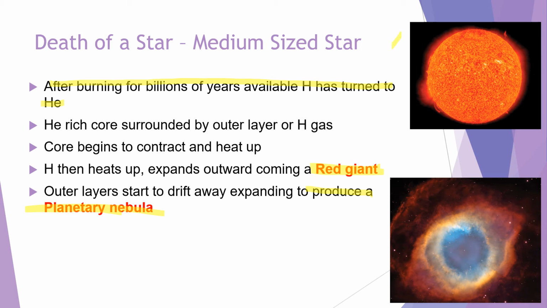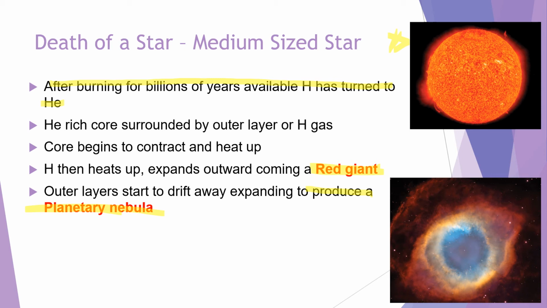Okay, so up here, guys, you'll see the red giant. It's actually really interesting because our sun is considered a low mass, medium-sized star. And in approximately 5 billion years, our sun will become a red giant.